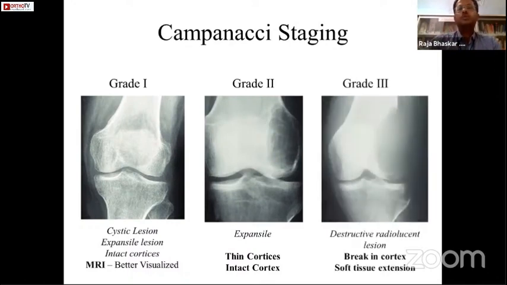At stage 3, these are the ones which at most times patients come directly with. They have a destructive radiolucent lesion and a break in the cortex, and there is a soft tissue extension. So grade 2 and grade 3 are the ones the patient will present to you with pain. Grade 1, usually they don't have pain. It is sometimes even an incidental diagnosis.